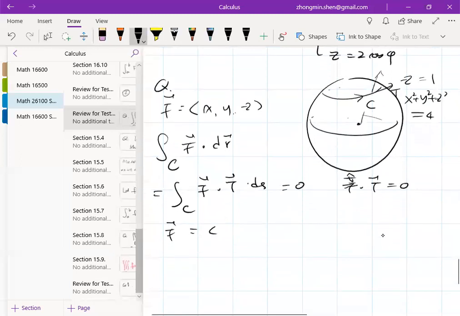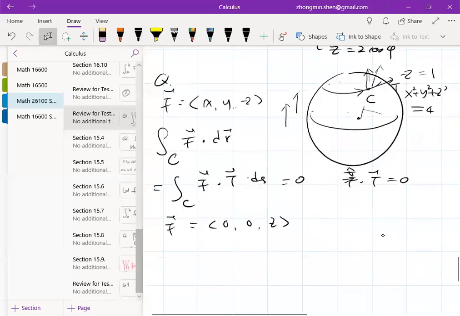How about this? If I change it to 0, 0, z, okay, at that particular point, then this is now not going to be 0, as this vector field is going up, always pointing up, right?